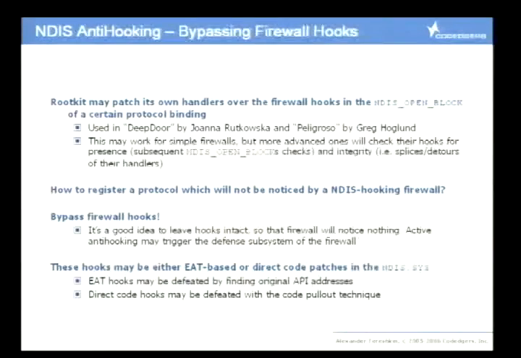As I mentioned before, the techniques that a firewall may use to hook NDIS could be either export table based or direct code patch based. Export table hooks may be defeated by finding original API addresses in the NDIS image driver. Direct hooks may be defeated with the code pullout technique, which I'm going to discuss later.